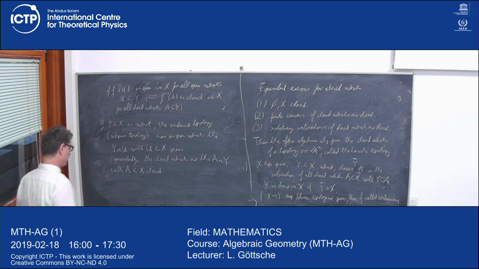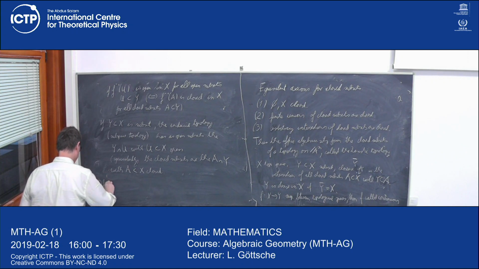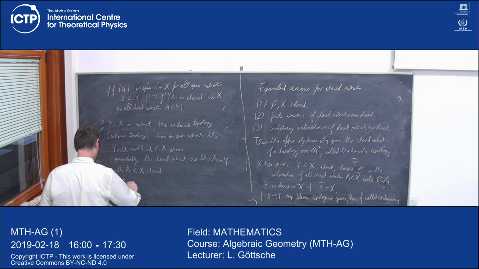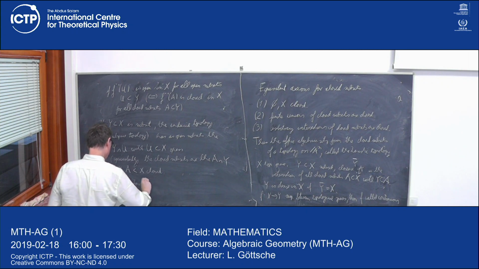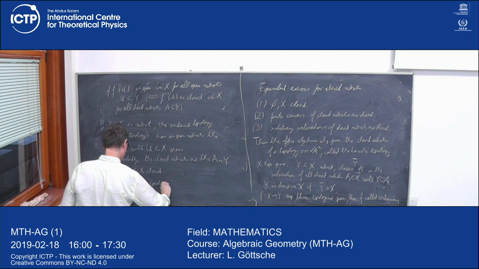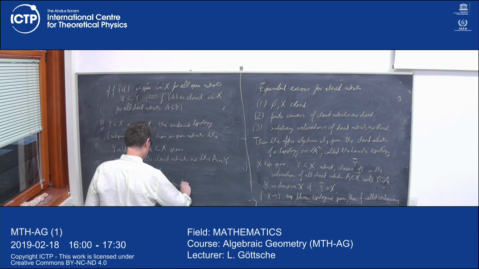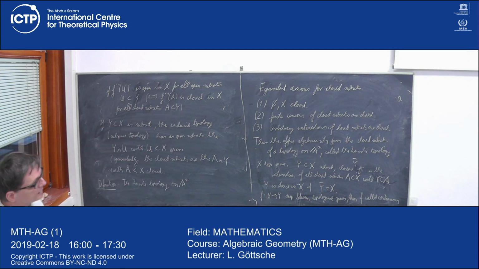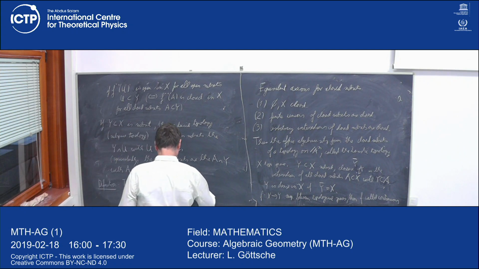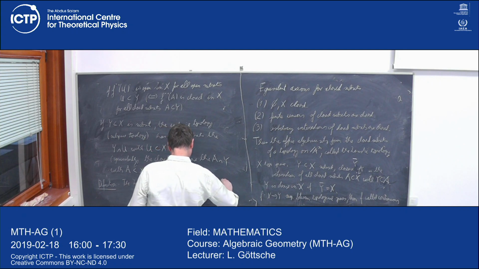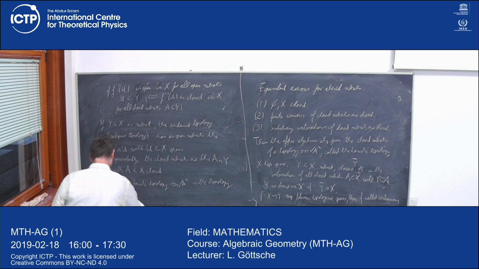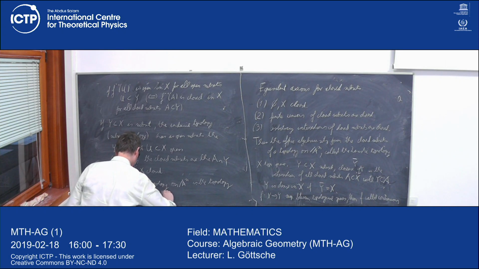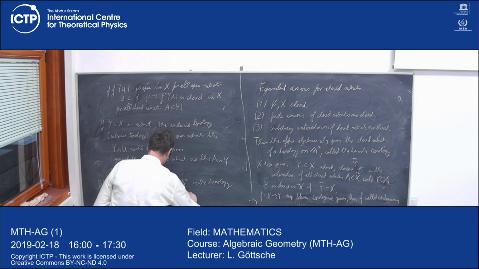Okay, so going back, now we can rewrite the definition. The Zariski topology on A^n is the topology whose closed subsets are the affine algebraic sets.